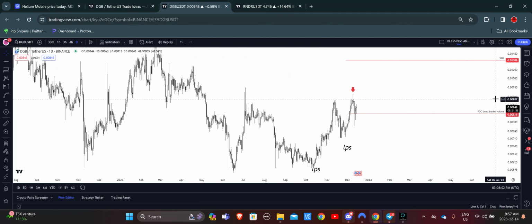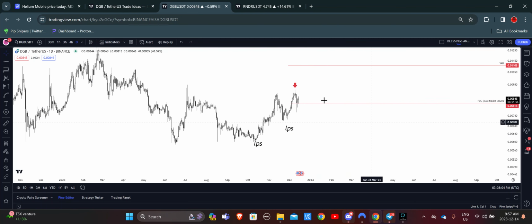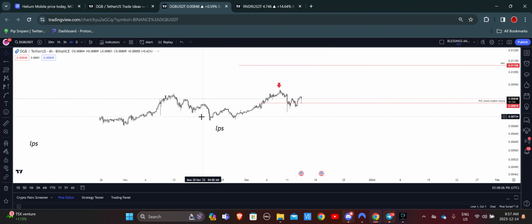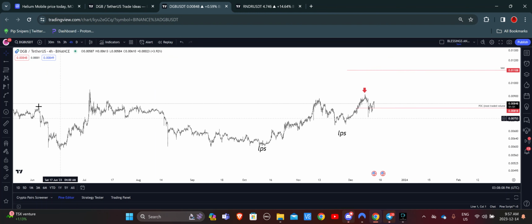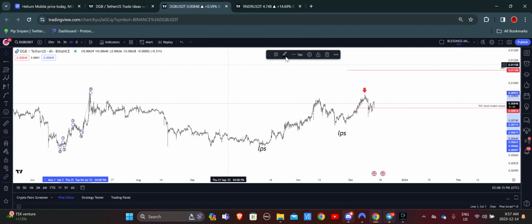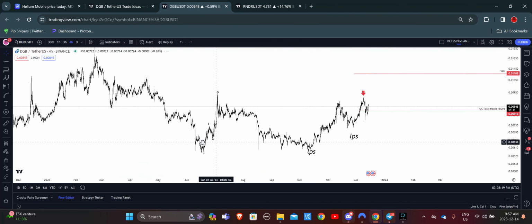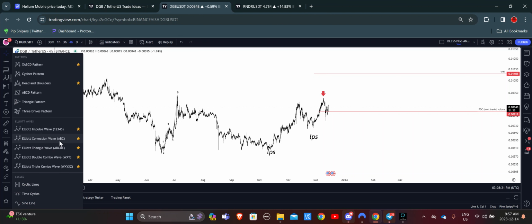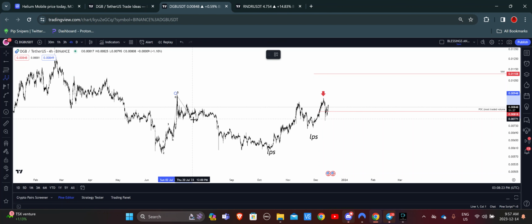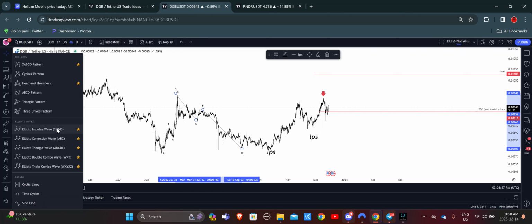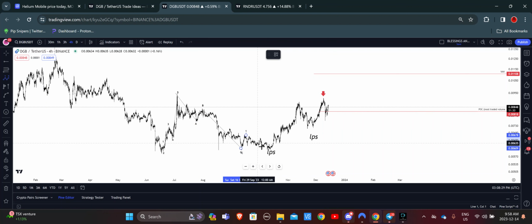Okay, and when we look at the wave count when we zoom in here, you have your wave 1, 2, 3, 4, 5. Then you have an A, B, C correction, another 5-wave move up.